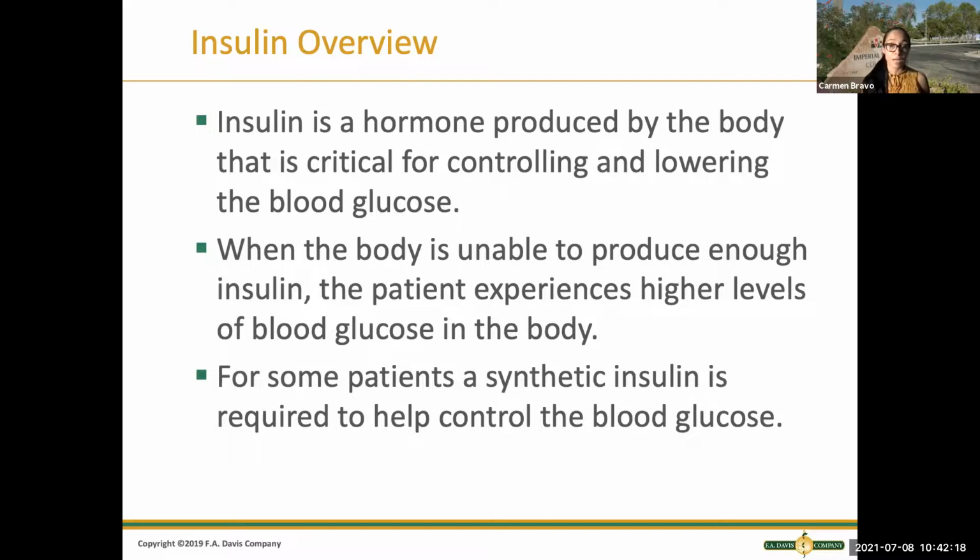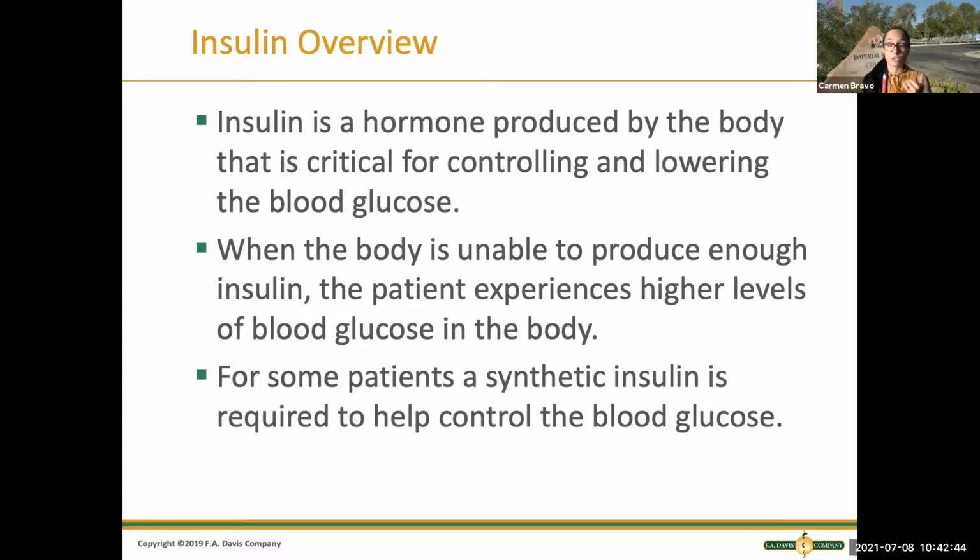If the person is not able to produce their own insulin, or not enough insulin, then they need this synthetic type of insulin, as we commonly know it, so that we can help them control their blood sugars. There are several reasons why somebody could need insulin.